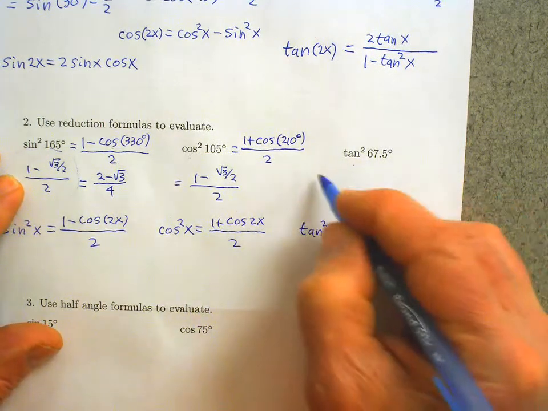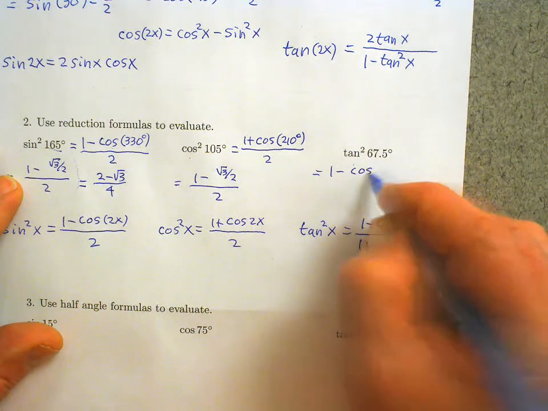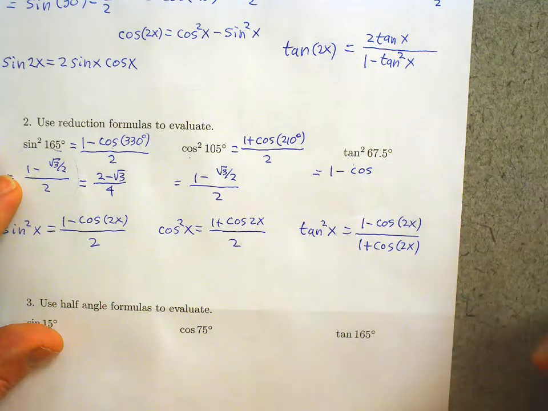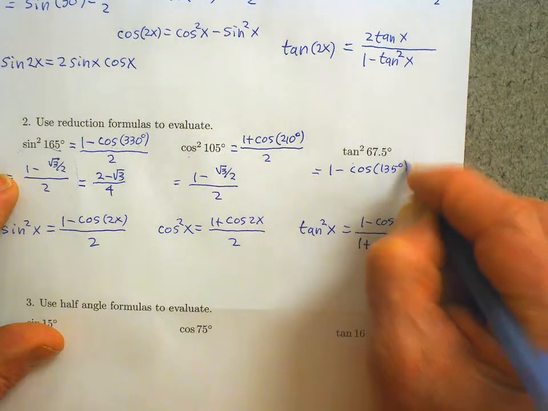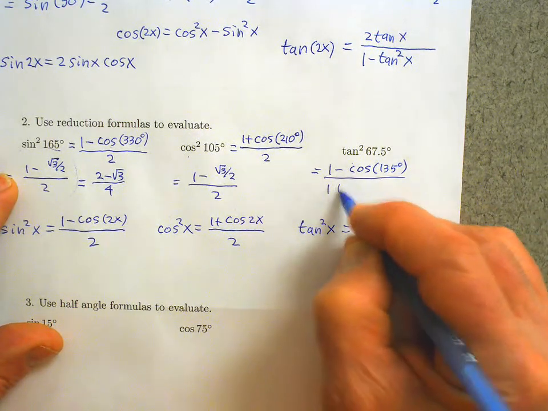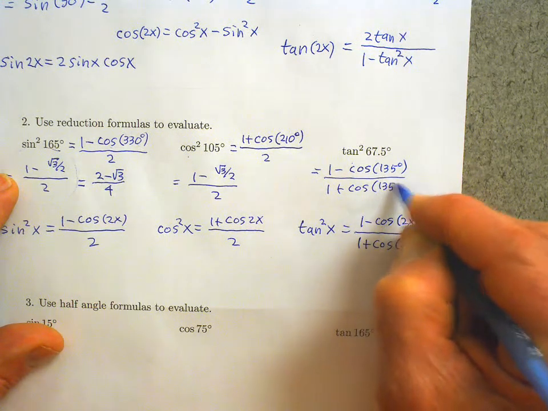So we can write this as 1 minus cosine of 135 degrees divided by 1 plus cosine of 135 degrees.